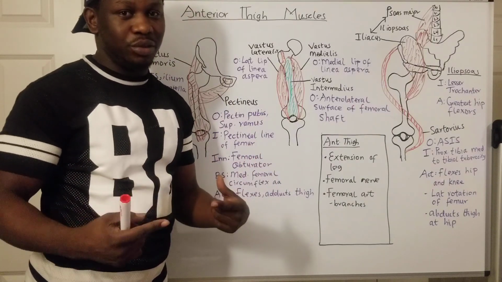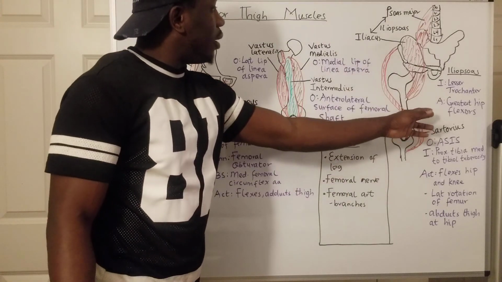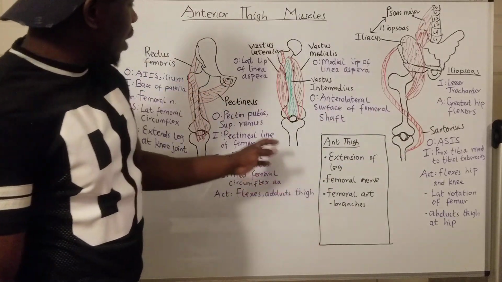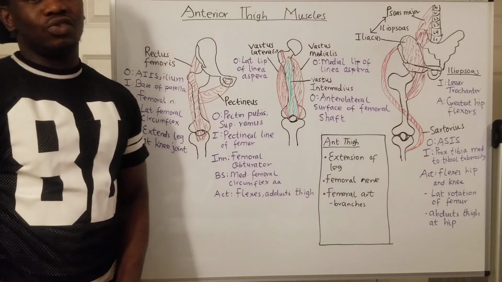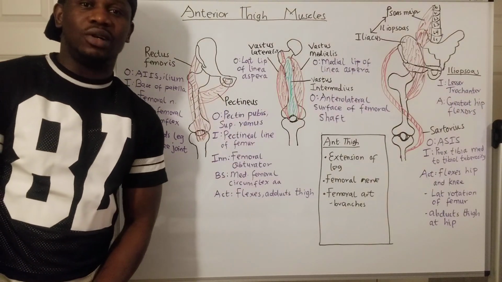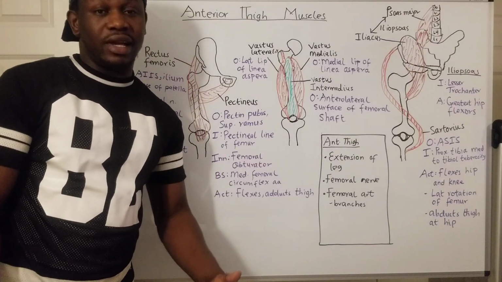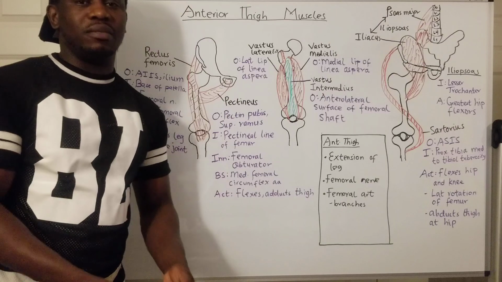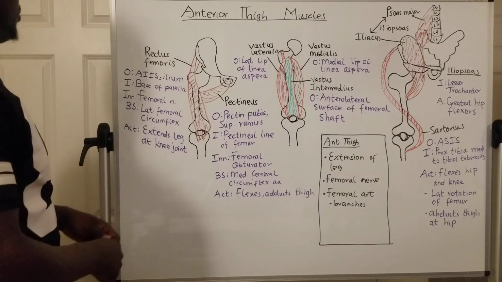Remember the nerve roots, all right, for sciatic nerve. And we have pectineus. So actually pectineus is also considered to be a medial muscle of the thigh. So pectineus is actually anterior muscle of the thigh, and it can also be part of the medial muscles of the thigh region. All right, so let's start.